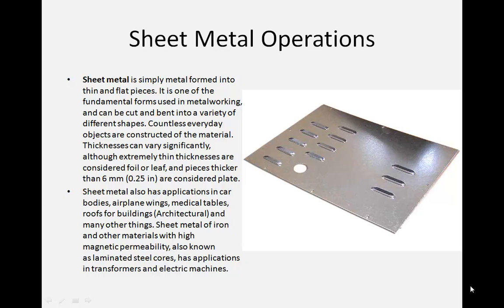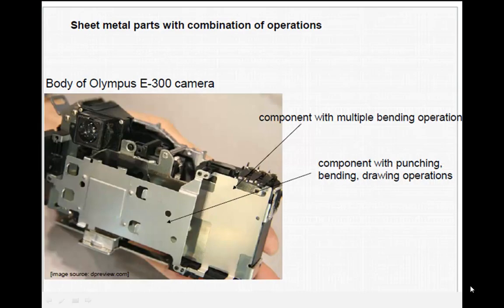Pieces thicker than 6 mm are considered plates, and they have application in car bodies, airplane wings, medical tables and roofs for buildings. Now this is the example given to us in the class. This is the body of a camera, and you can see that different operations like punching, bending, drawing have been used on that single sheet.